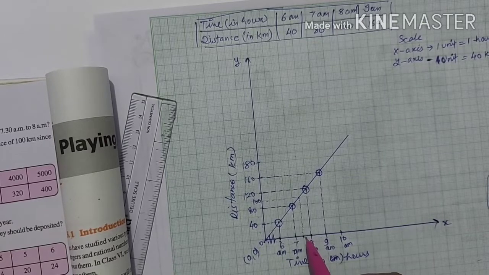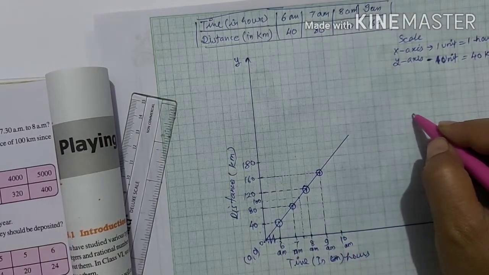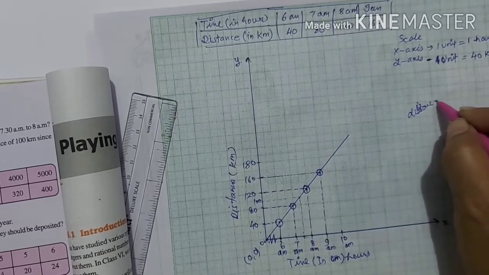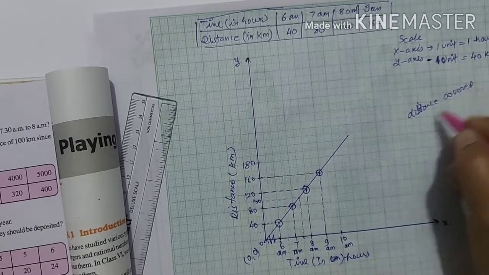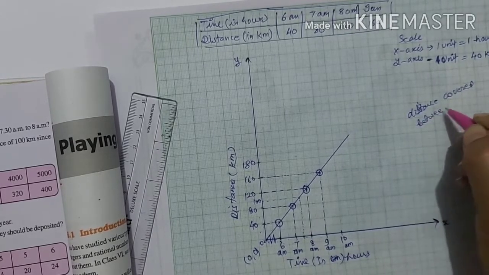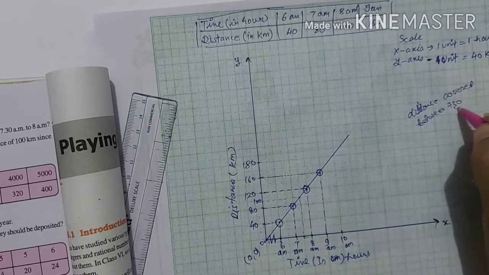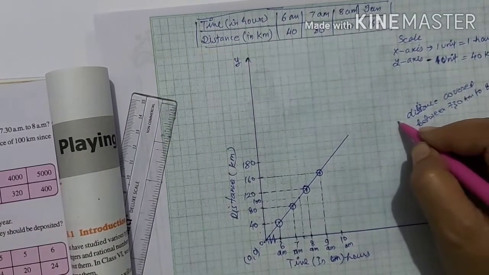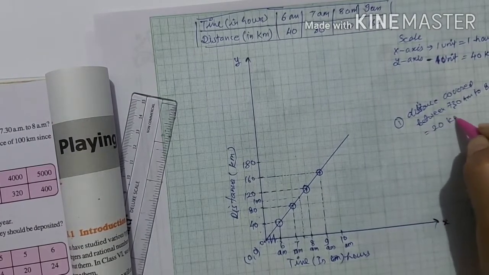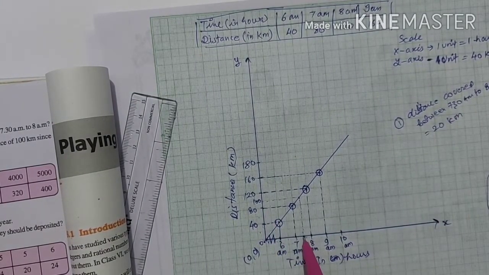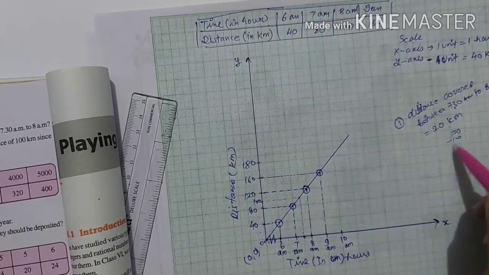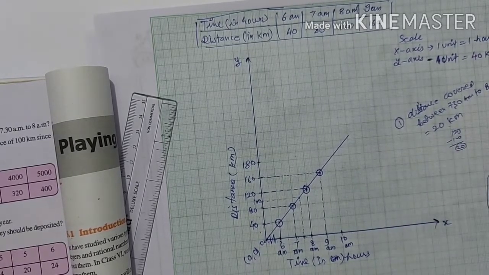So in half an hour, the distance covered between 7:30 a.m. and 8 a.m. is equal to 20 kilometers. Here you see the midpoint of 7:30 is 100, and 120 minus 100 is only 20.